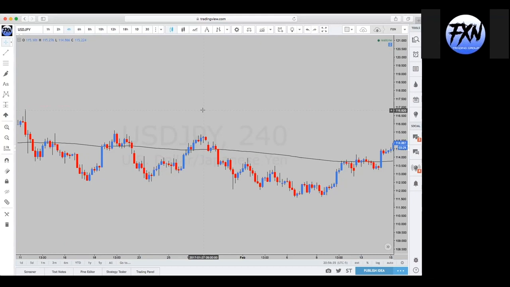Me personally, I use more of actual support and resistance, because I know that those are areas that price has proven in the past to stop and turn around at. I would use trend lines more as second or third forms of confirmation to help you, right?